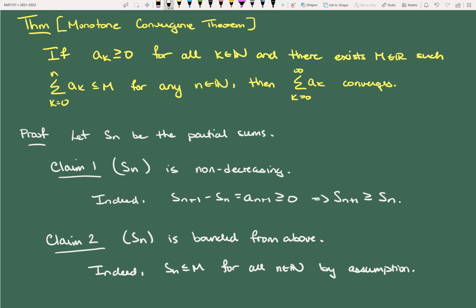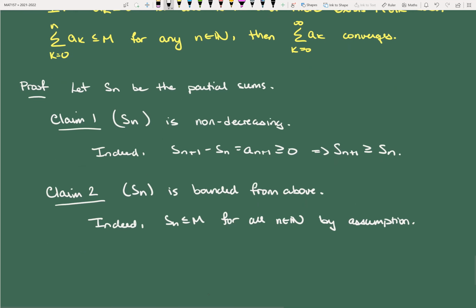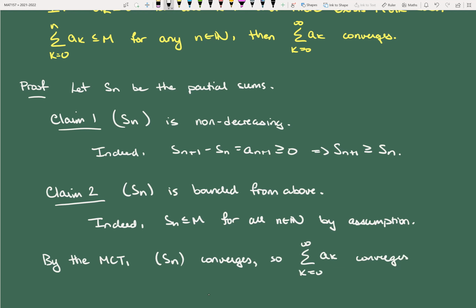The hypotheses of the theorem are exactly what we needed in order to apply the MCT. So by the MCT, Sn converges. And if the partial sums converge, that means that the infinite series converges. Right, and we're done.